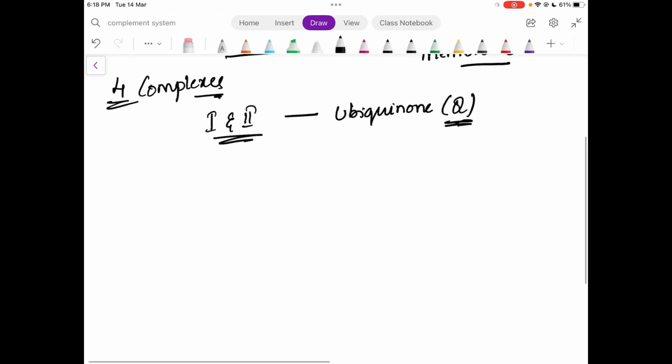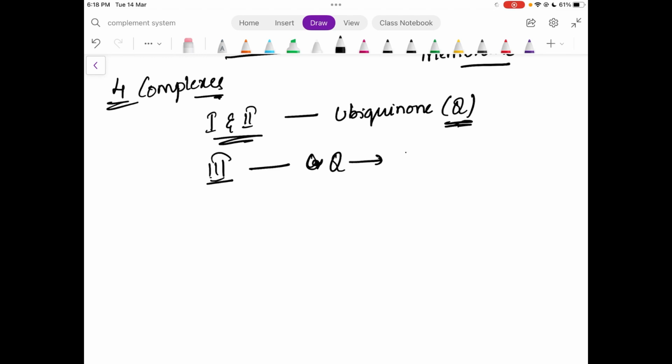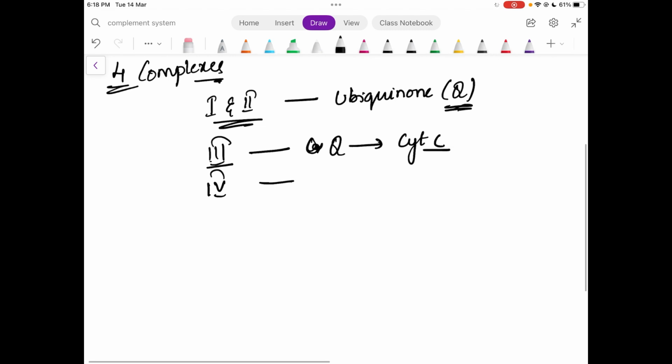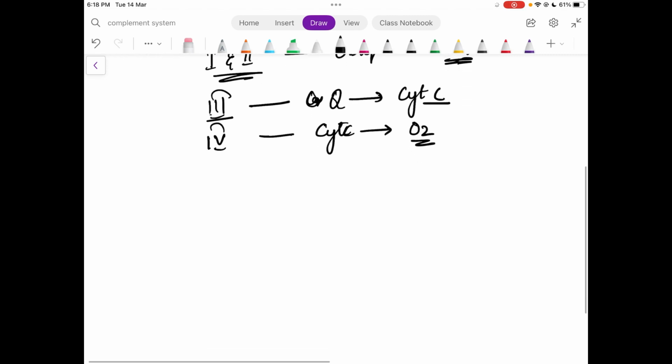This is called as Q. And complex 3 will transfer electrons from ubiquinone Q to cytochrome C. And complex 4, from cytochrome C to oxygen. They'll transfer electrons from cytochrome C to oxygen.